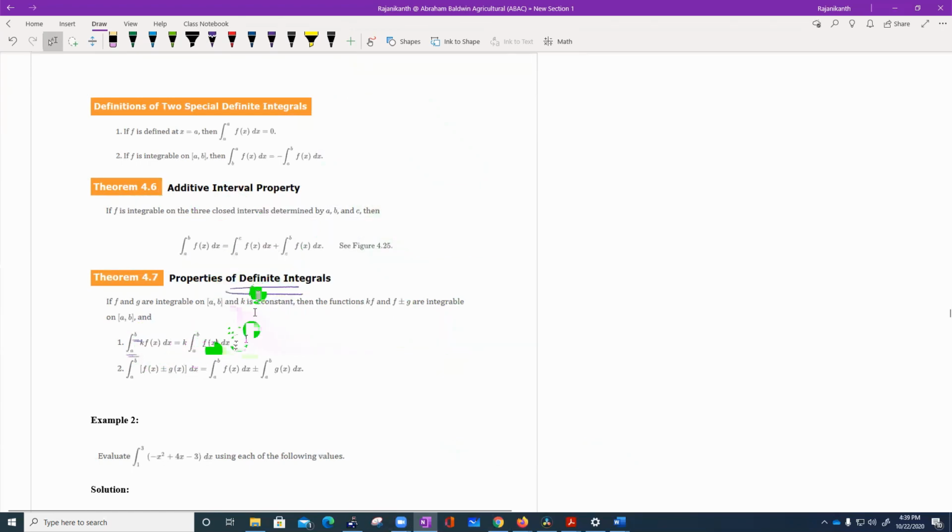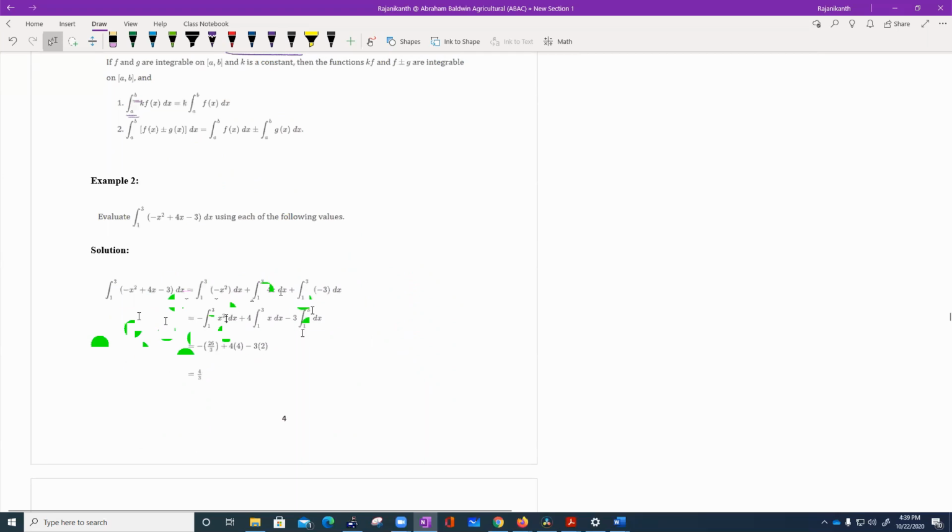Okay. So again, we have the additive properties for definite integrals. We call them definite integrals once you have the limits. If you see a number at the top and bottom, we call that a definite integral. If you do not see any numbers, that is called an indefinite integral. You can use those properties as well to find the antiderivative, and here we use them to find the area.